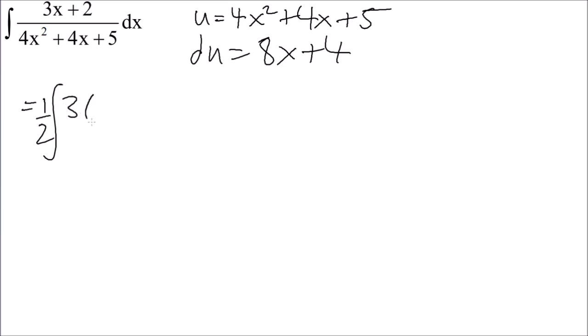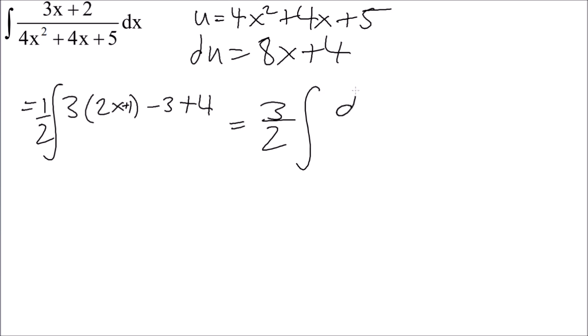3. 2x. So multiply everything by 2. Right. So this would be plus 4. 2x plus 1 minus 3. Okay, so this is 3 halves. I need to be careful.